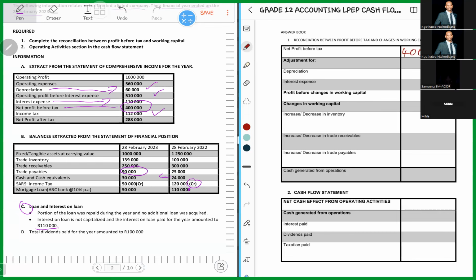Then interest expense, it is not a non-cash item, because we know that from the interest expense for the year, some of it might have been paid while some of it might not be paid. So this one, we are adding it back simply because we are going to present it again separately so that we can determine the interest paid for the year.